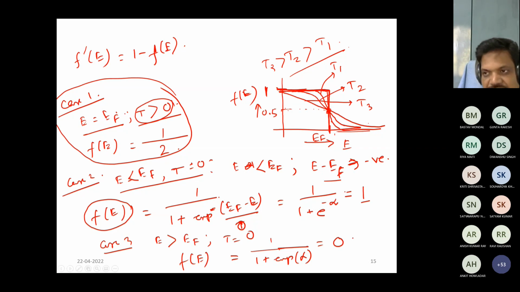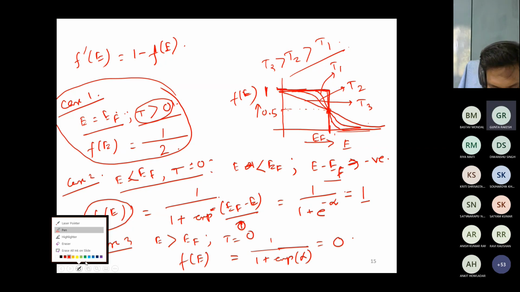What would this be? One minus Fe is the probability that the electron does not occupy the state.